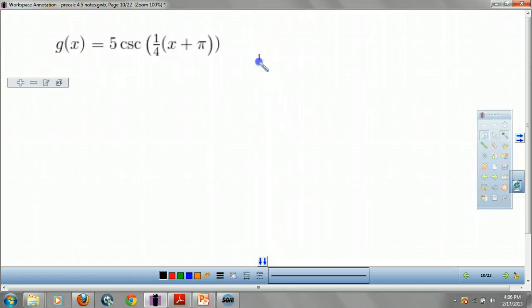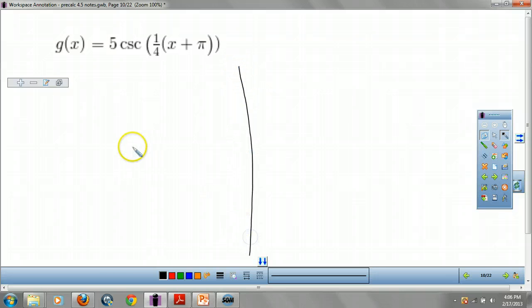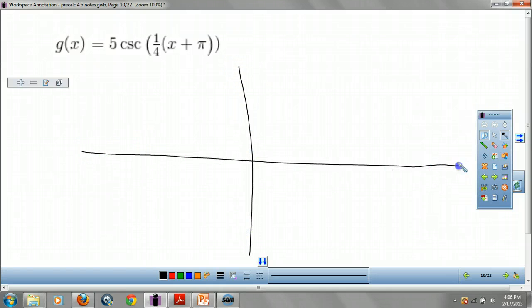Oh boy, oh boy, oh boy. Okay, so first step means I'm going to graph 5 sine 1/4 x plus pi.